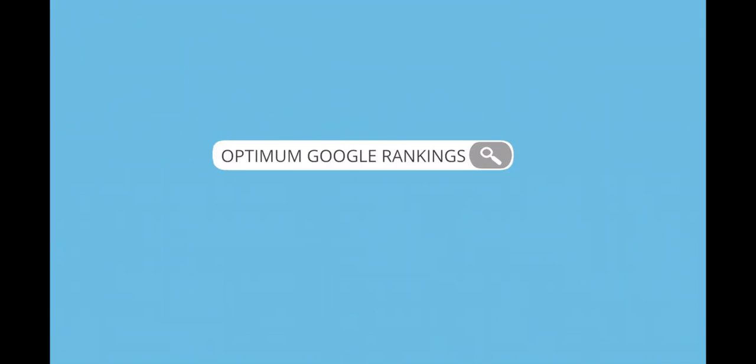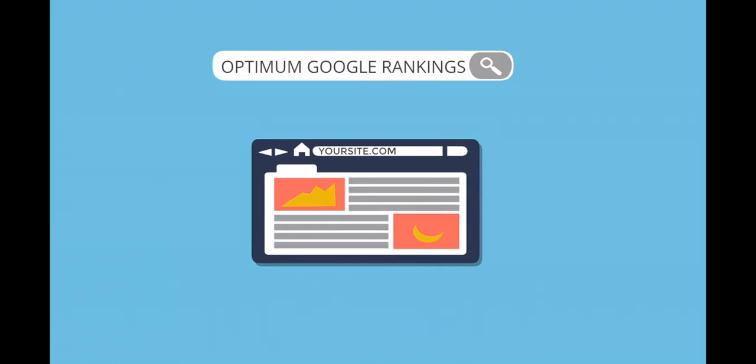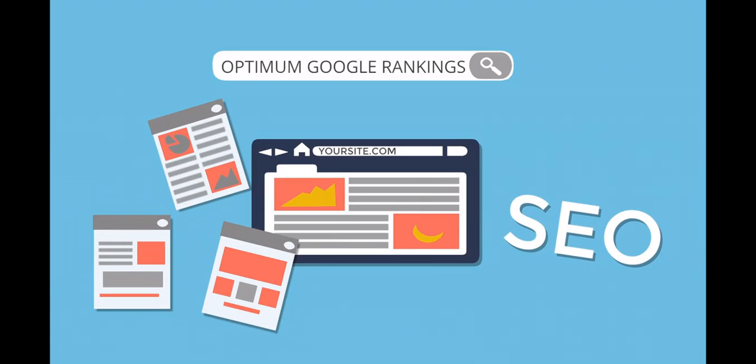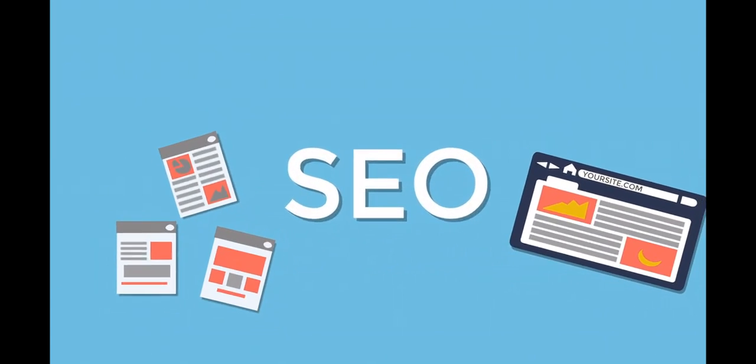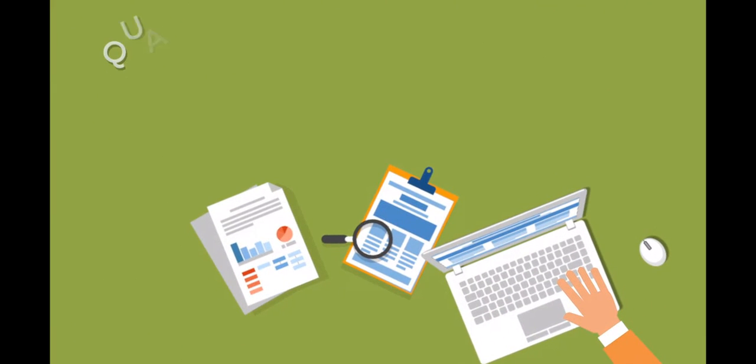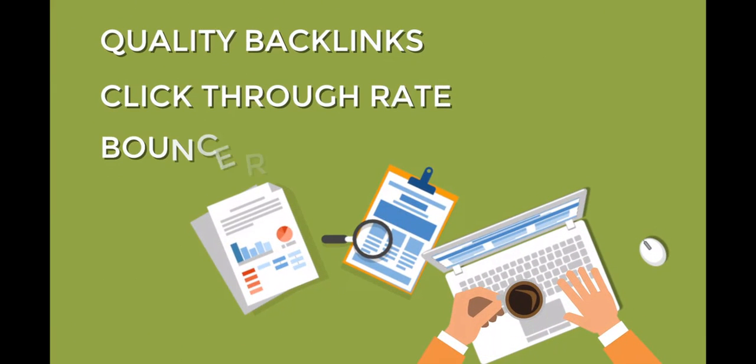You've invested your time, your money, and have tried everything to get your website to the top of Google, but still, nothing seems to work. To get optimum Google rankings today, you need more than just a great website, original content, and proper on-site SEO. Although on-site SEO is crucial, industry experts agree that today's top-ranking factors are quality backlinks, click-through rate, and bounce rate.